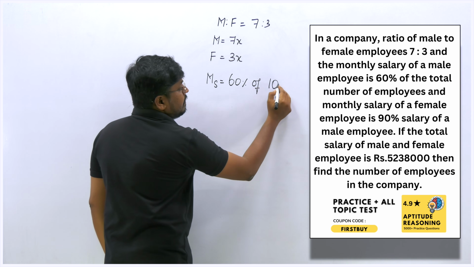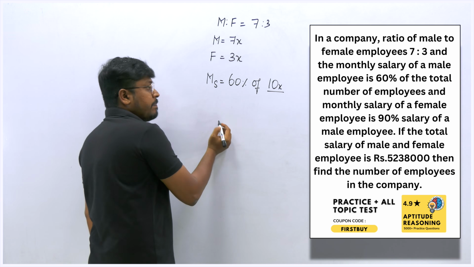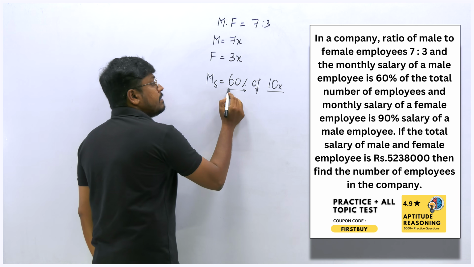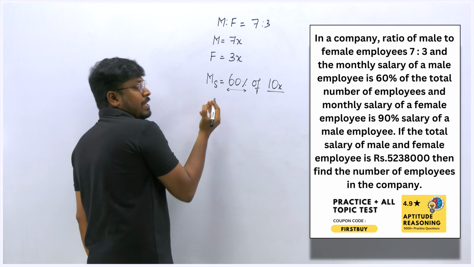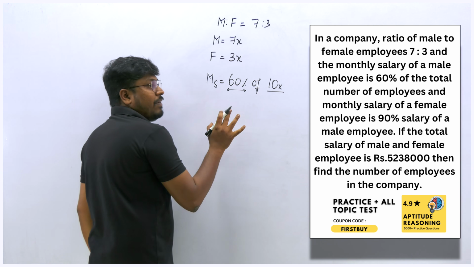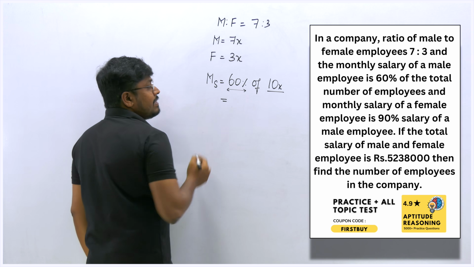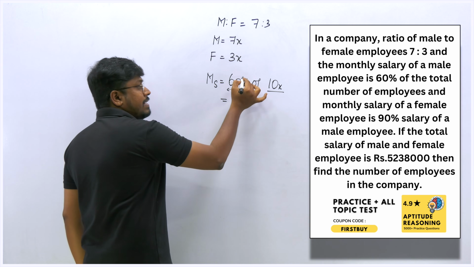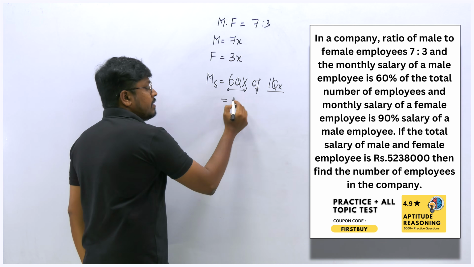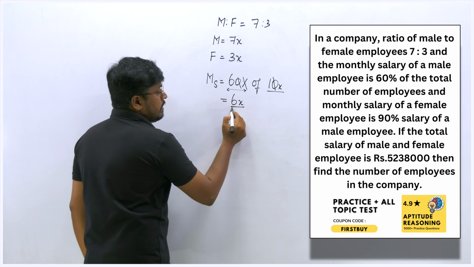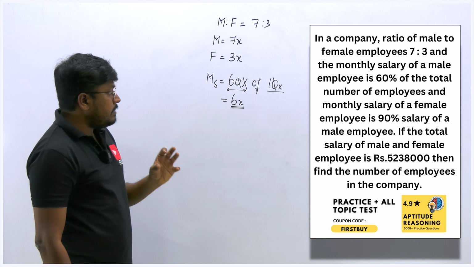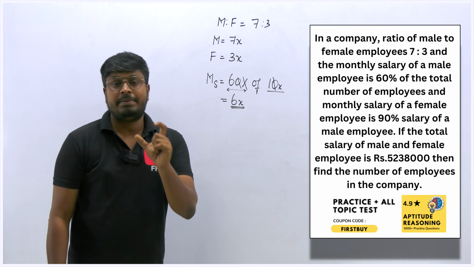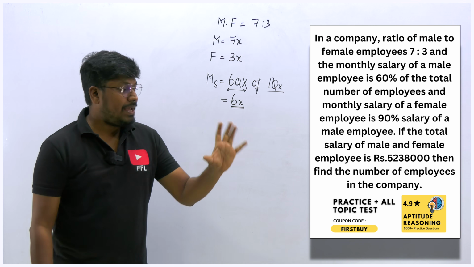So 10x will be the total number of employees. And 60% of it is the men's salary alone. So when you calculate 60% of 10x, we can cancel the percentage and zero. So the result will be 6x. So 6x will be the salary of the male employee in the company.